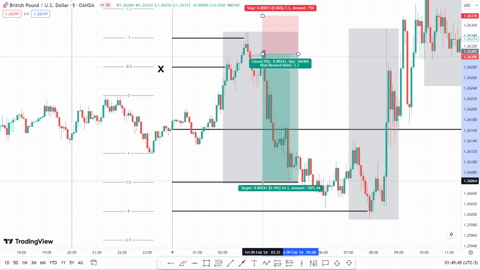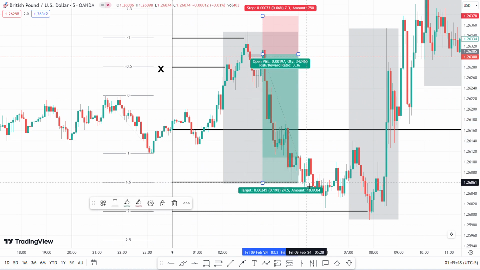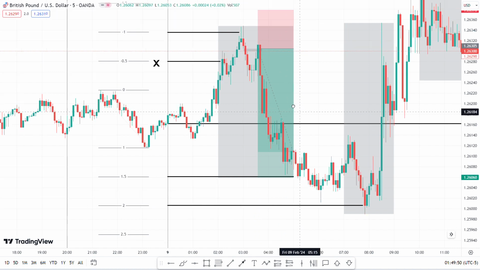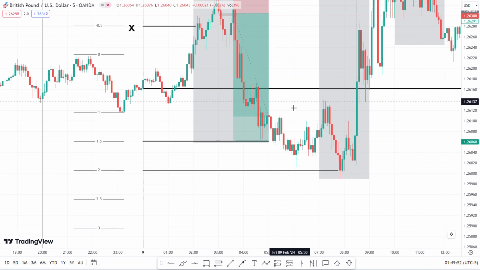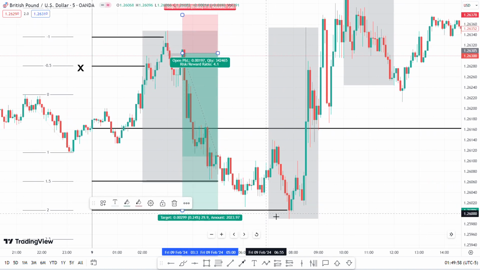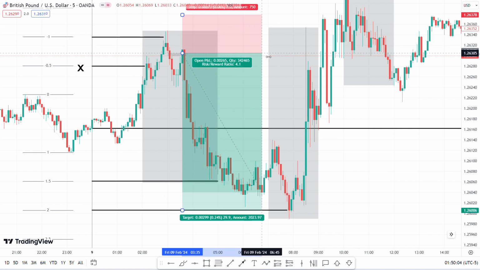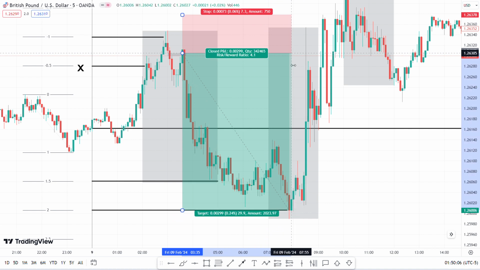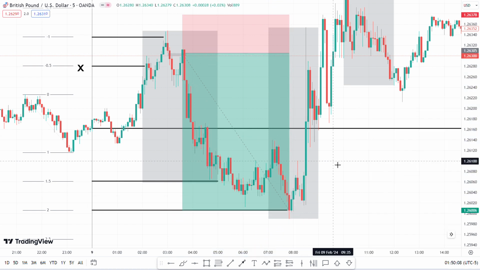So it gets to 1.5, but that's outside the London session, so we're not considering closing the trade. And then it gets to 2 in New York session, but reverses.